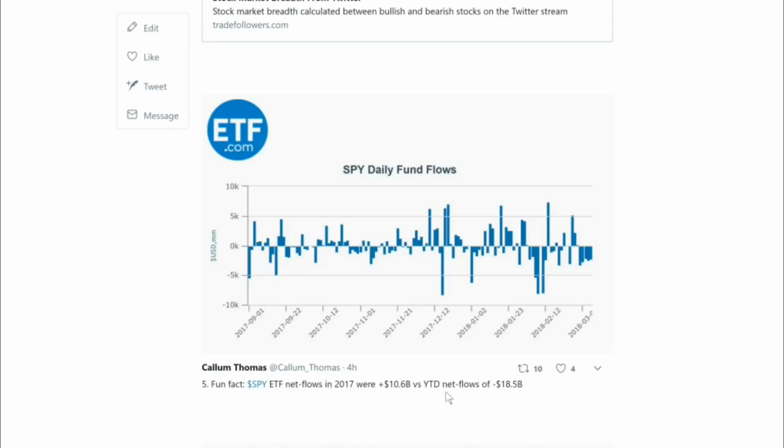So far in 2018, year to date, net flows have been minus $18.5 billion. So almost twice what they were last year on the downside. That's basically people putting their money where their mouth is in terms of the whole fear aspect, or taking money off the table.